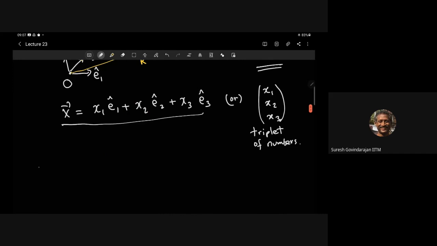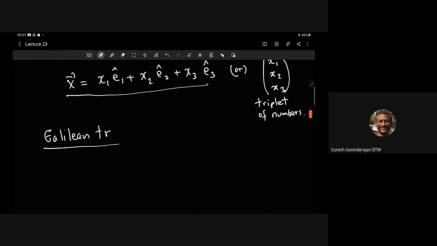And so we saw that a Galilean transformation would take the form, and we always wrote it like this.